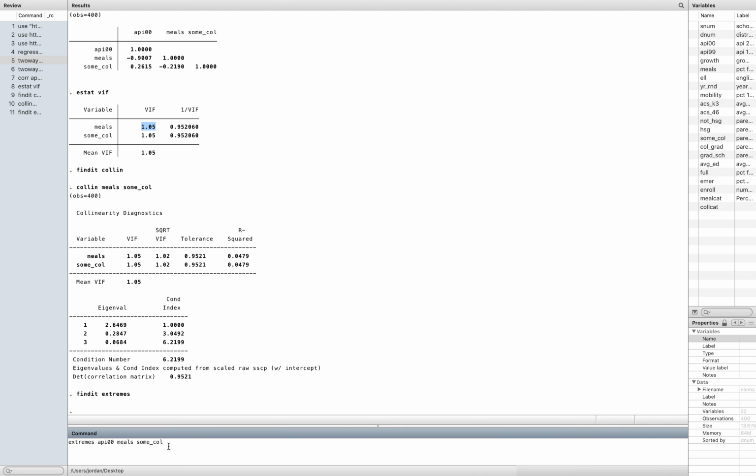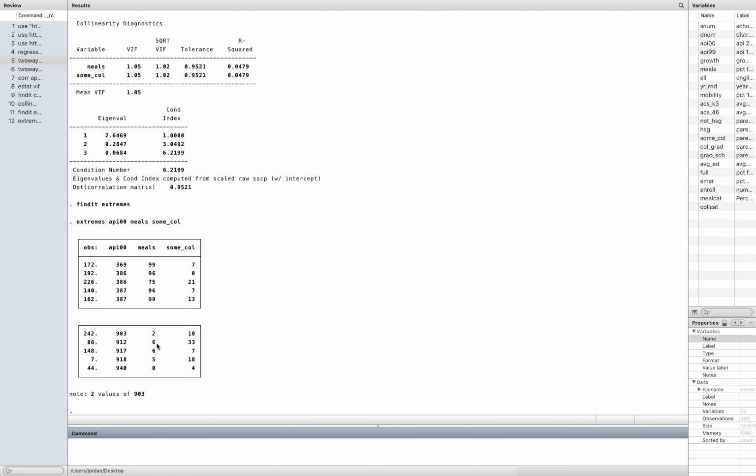So you're putting everything in there: extreme, your outcome, API 00, and your predictors in the model, meals and some college. Then you hit return.